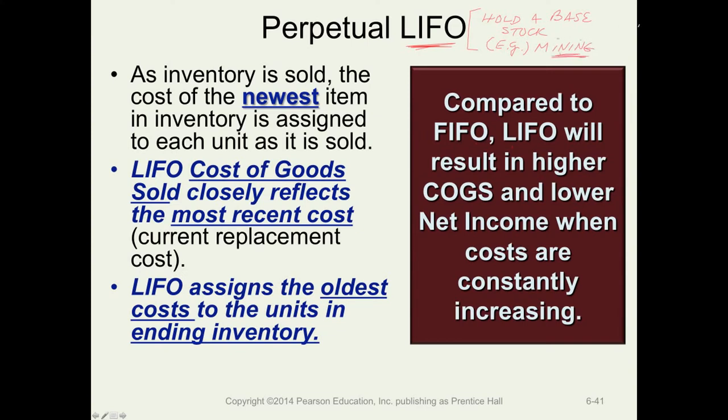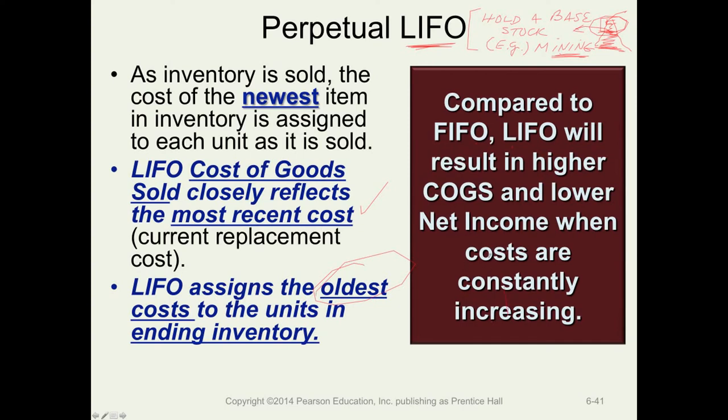So a mining company has coal, let's say, or a mineral, gypsum, being piled up. And as we use it, we take it off the top. So the last goods in are the first ones to be sold. That means that the cost of goods sold is going to be the most recent cost, whereas the ending inventory is going to be the oldest cost, just the opposite.